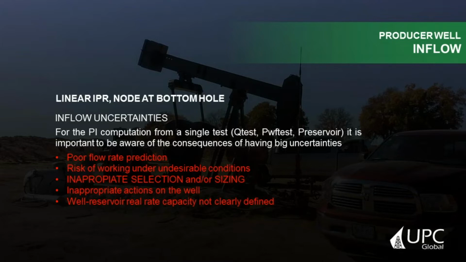We are going to have poor flow rate prediction, risk of working under unsuitable conditions, inappropriate selection and sizing of equipment, especially when we are using artificial lift, pumps in particular, inappropriate actions on the well. Maybe you want to perform a stimulation and you don't need it. Also, the reservoir real capacity is not clearly defined, so the potential of the well is not clear.